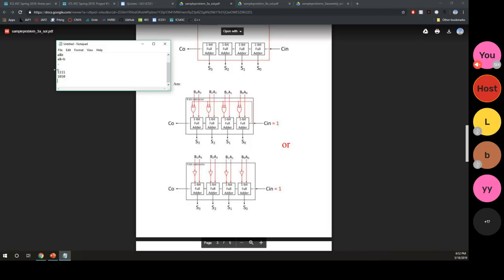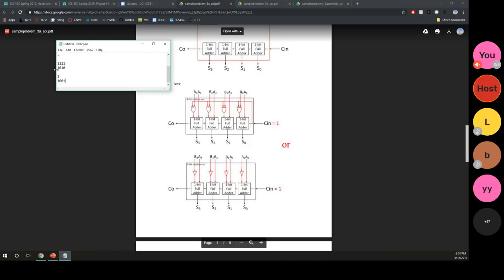The answer, I think, would be 1 0 0 1 1. This is specifying that it's negative, and then this would be your answer, if I'm not mistaken.